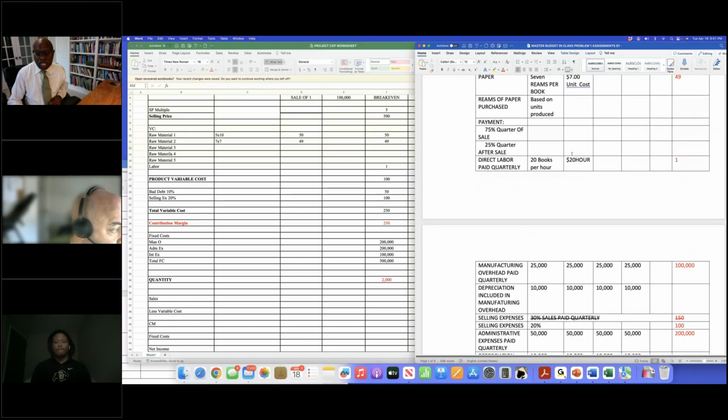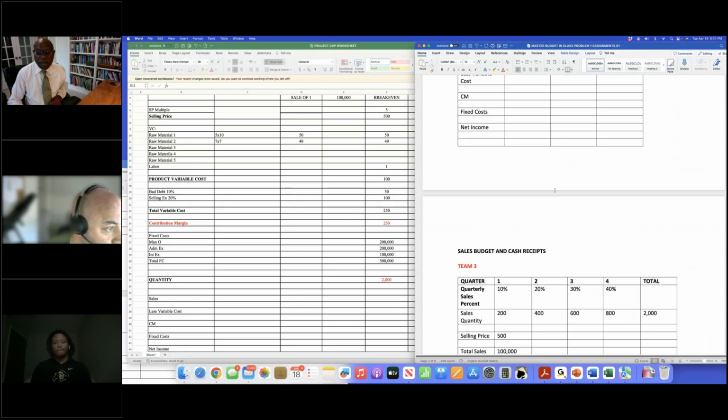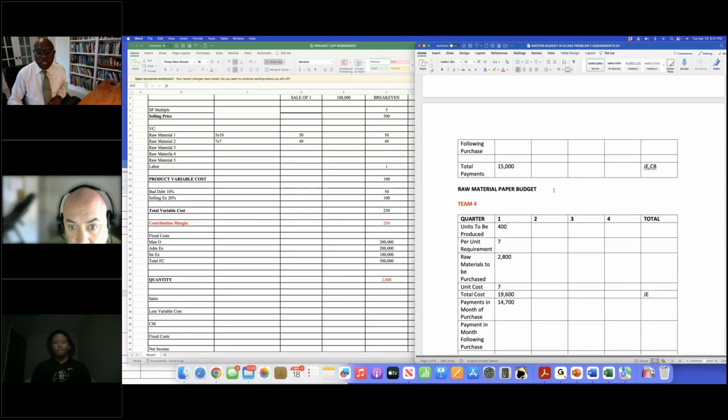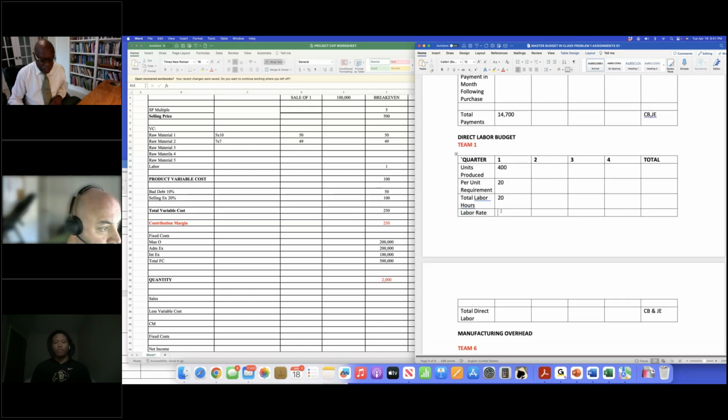So direct labor that has to be paid is going to be what? If you work 20 hours at $20 an hour, how much money would you want? $400. So now we've got the labor, $400.